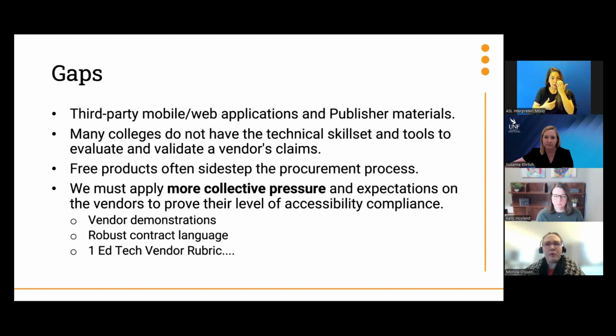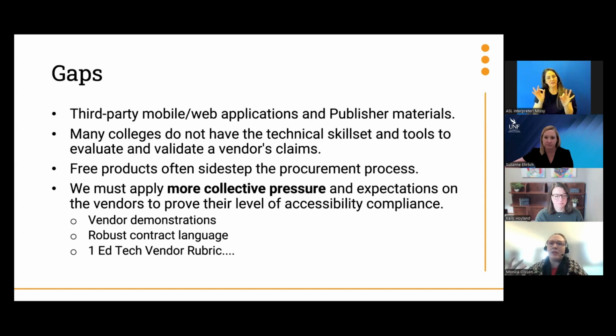The final gap I want to note, and I'm thinking through how to help our system address this as well, is that there are many free products out there that instructors or other people may choose to use and embed through LTI into the Canvas classroom space that might totally sidestep the procurement process because it doesn't cost any money.